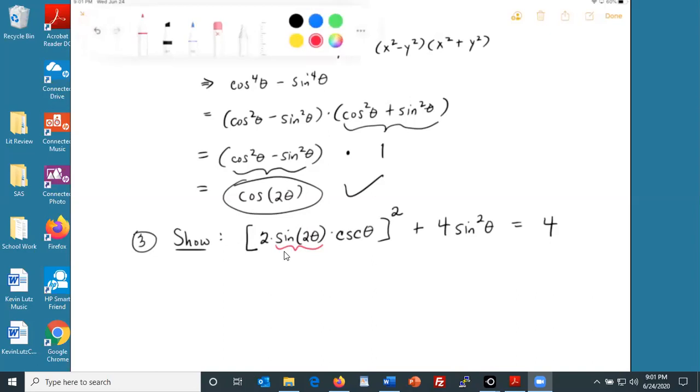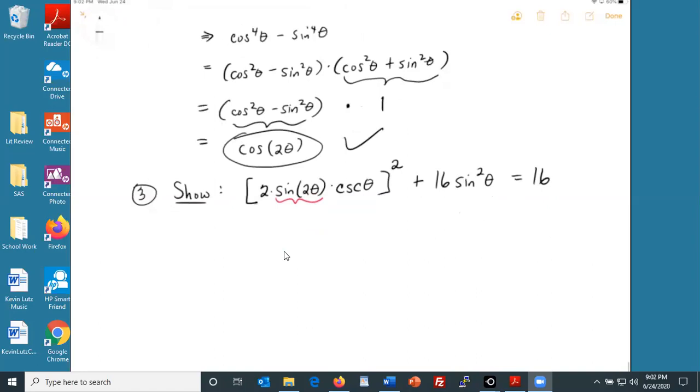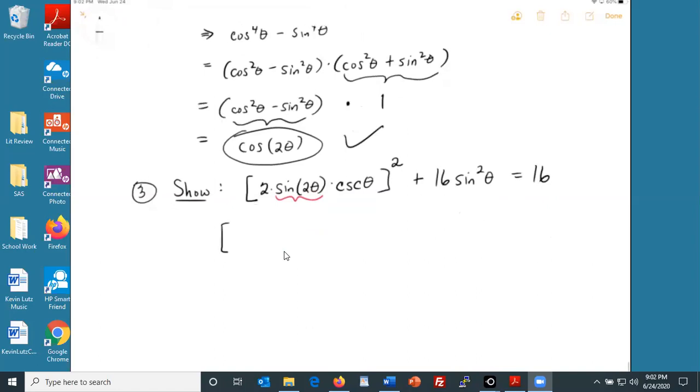And, I miscopied the problem. Sorry, I'm mixing up problems. Those 4s should have been 16s. Sorry. Okay, so now let's make the substitution now that I have the right problem. So sine of 2 theta is 2 sine theta cosine theta.